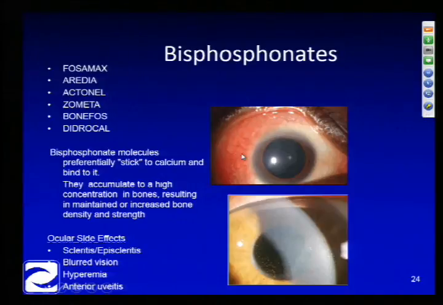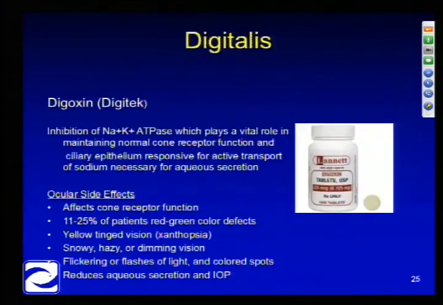Episcleritis, which is a more mild injection of the eye. They can also have iritis or uveitis because of this and have really significant inflammation. So it doesn't happen very often, but it's important to be aware that it can.